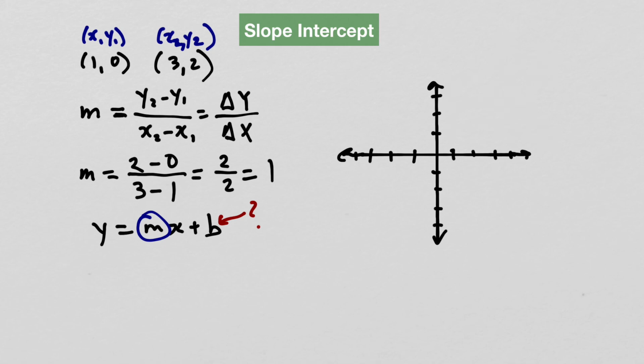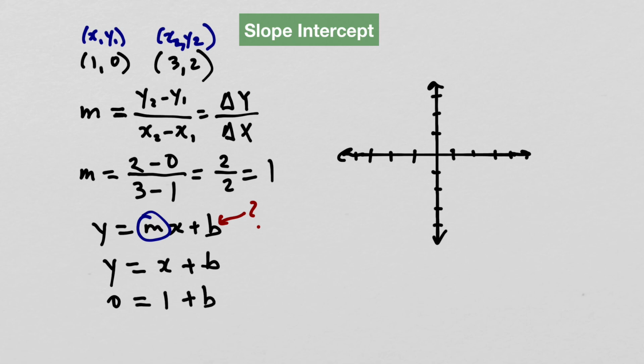So we can write this equation with our m value: y equals 1x, because our m is 1, plus b. Then we're going to add one of these points. Let's take 1, 0 and plug it in. Our y for 1, 0 is 0, and our x value is 1, plus b.